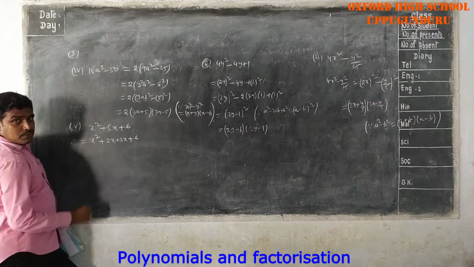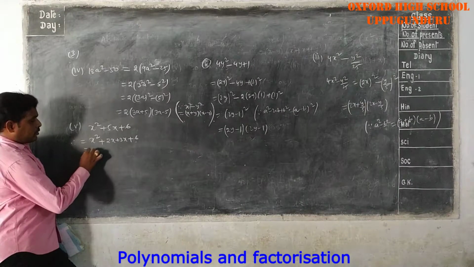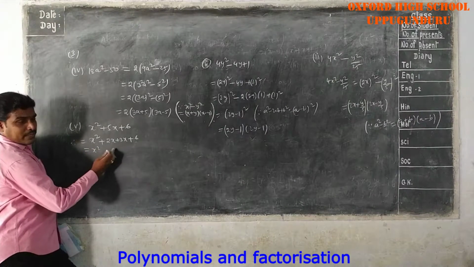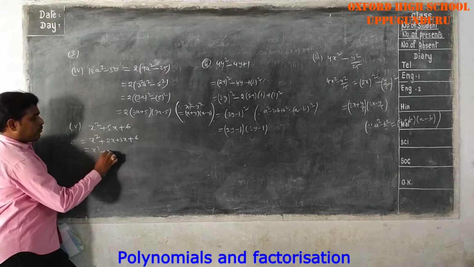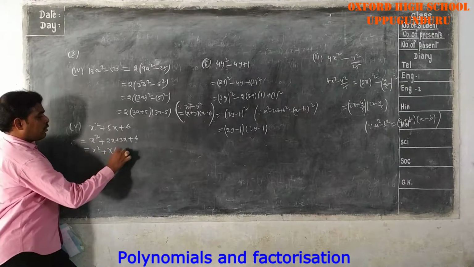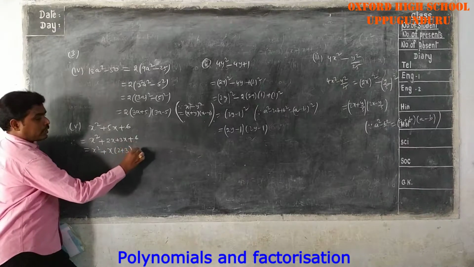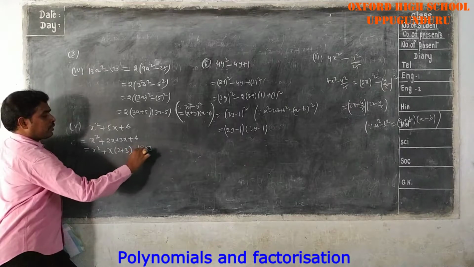When you observe these, in the first two x is common: x of x plus 2, plus 3 of x plus 2, where 6 is 2 into 3.